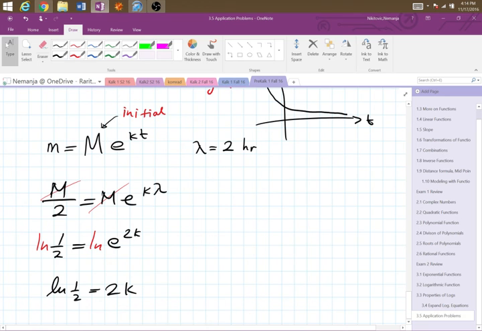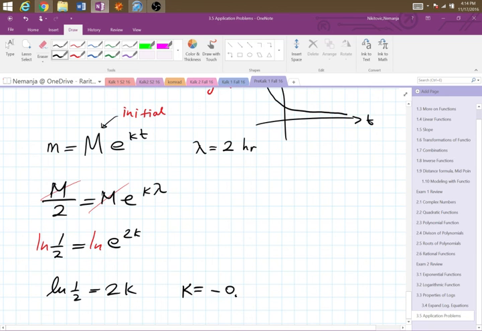All right, so what do we have? We have that k for Advil is ln of 0.5 close parenthesis divided by 2, which is negative 0.3466.